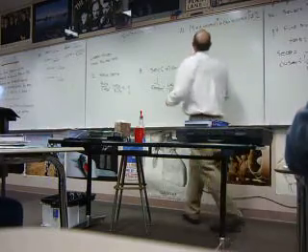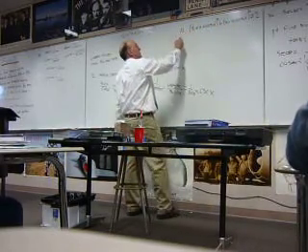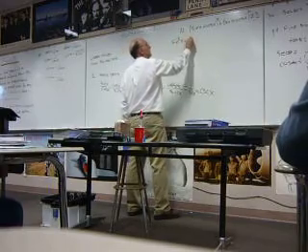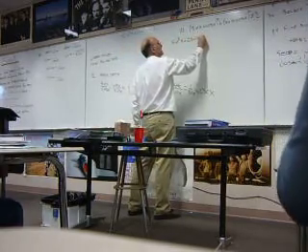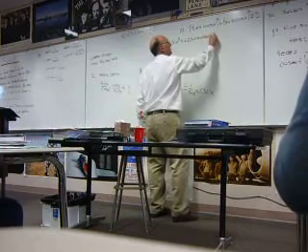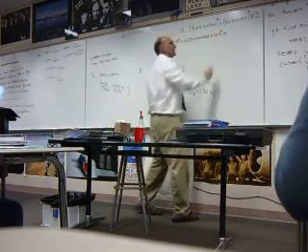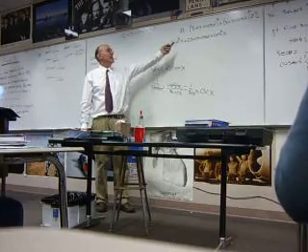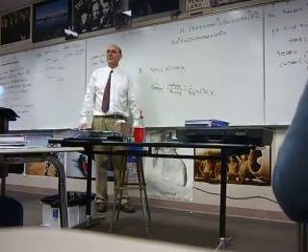Okay, so I have to do this now. So this is going to be sine squared x plus 2 sine x cosine x plus cosine squared x. Do you understand what I just did? I just did sine x plus cosine x times sine x plus cosine x.